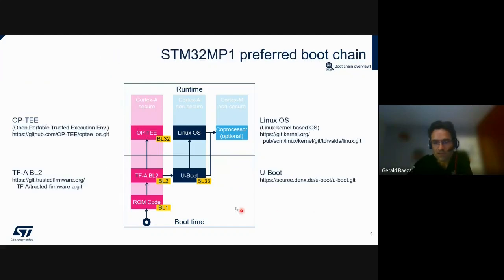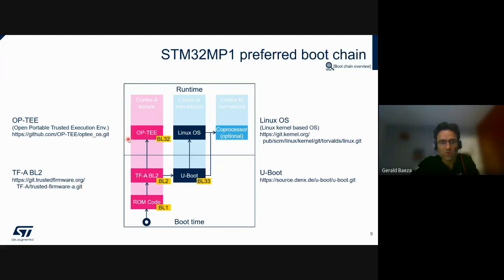And then in this slide, we jump to the components really used in our distribution, the OpenSTLinux distribution that we are delivering with the STM32 MPU series. As BL2, we are directly using TF-A BL2, meaning that we are taking the BL2 from the Trusted Firmware for Cortex-A source code that you can find here.